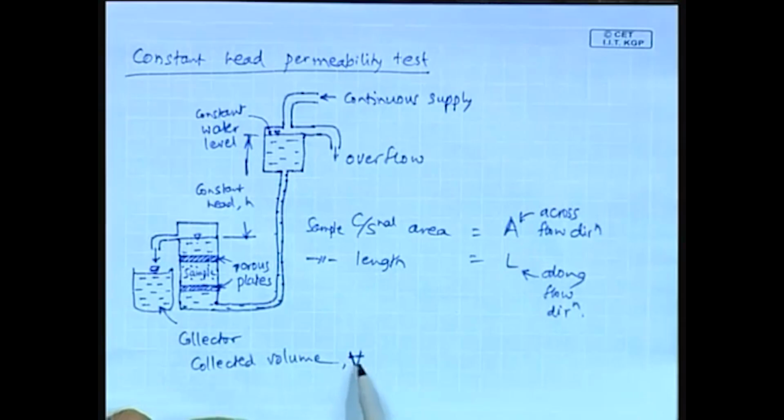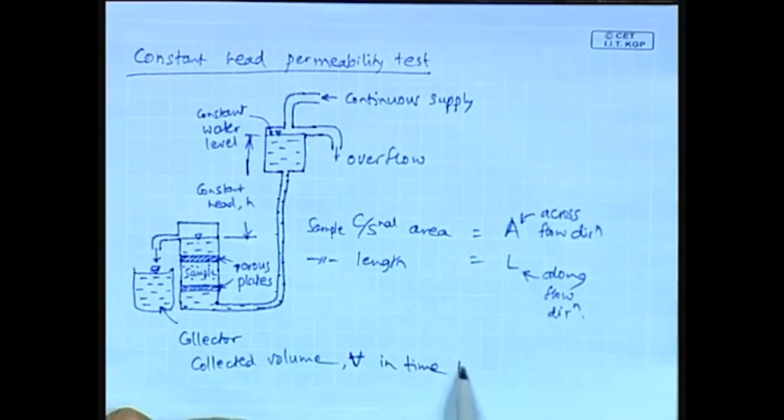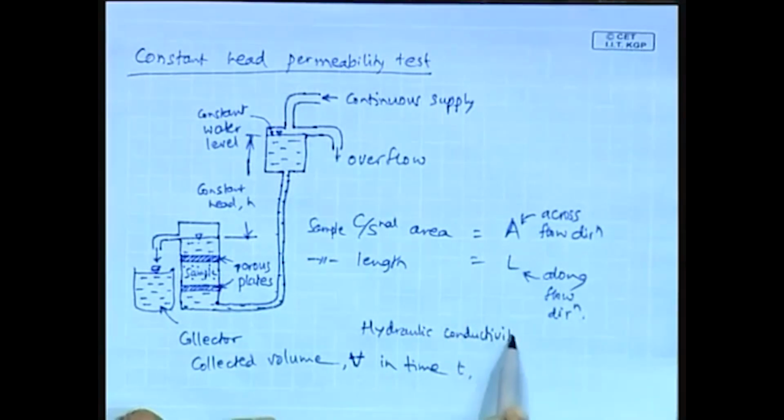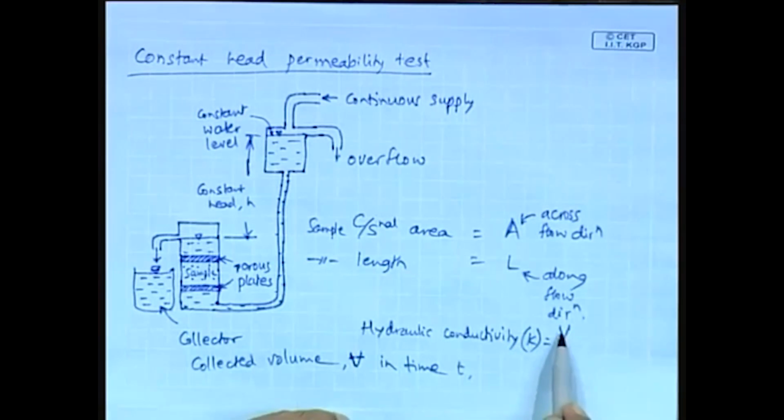So in this case, the collected volume is V in say time t. Okay. So in that case, the hydraulic conductivity K is given by V, the volume, divided by time t.